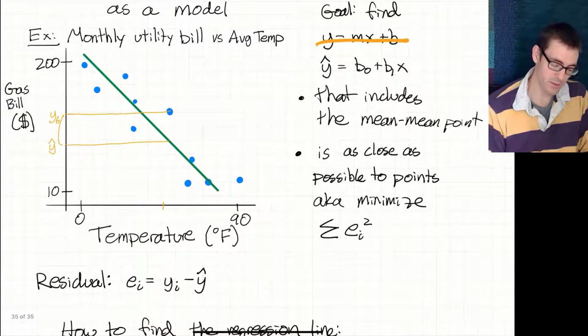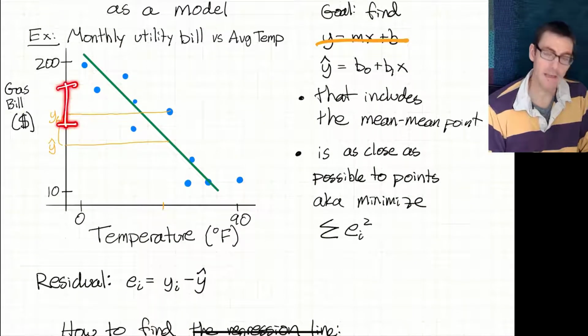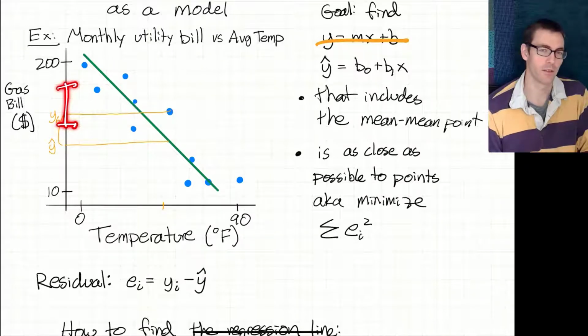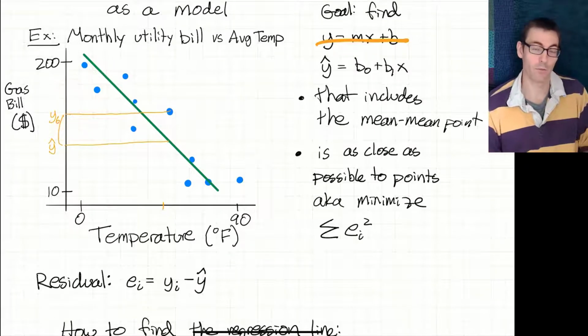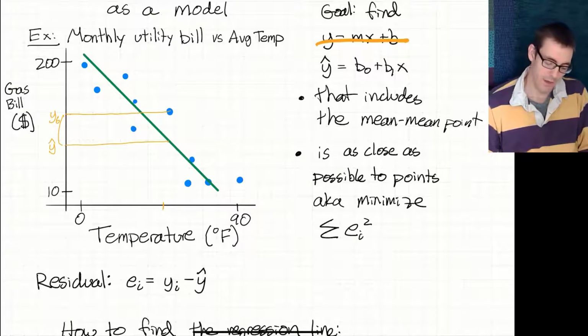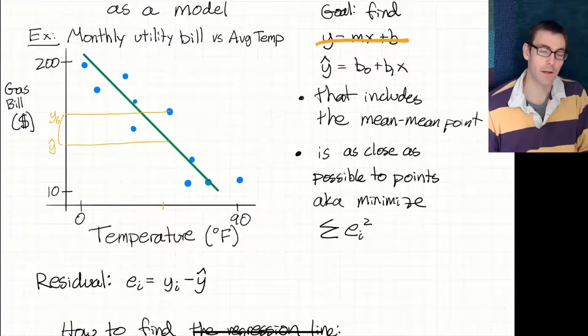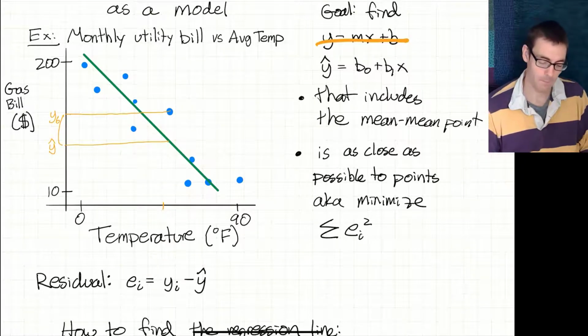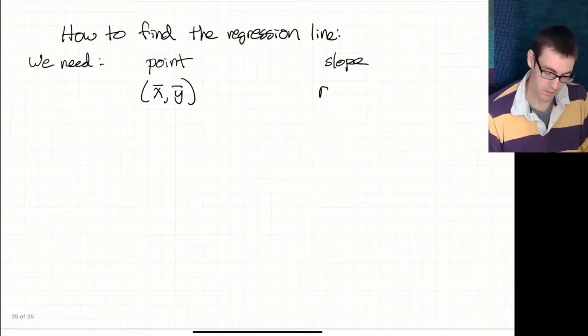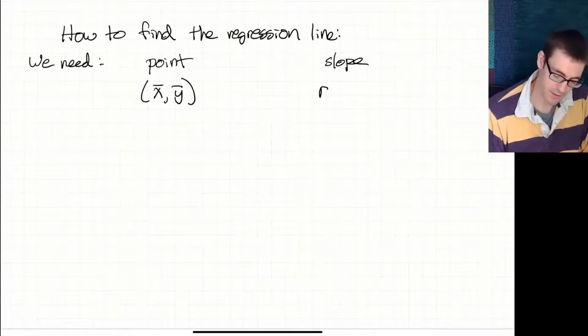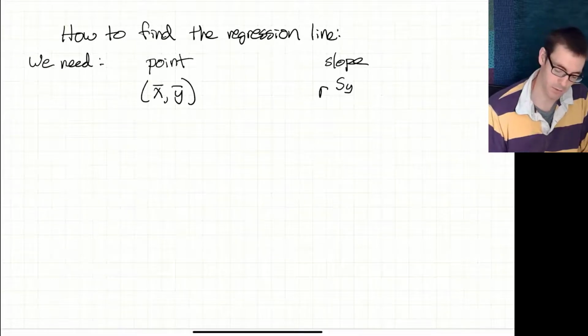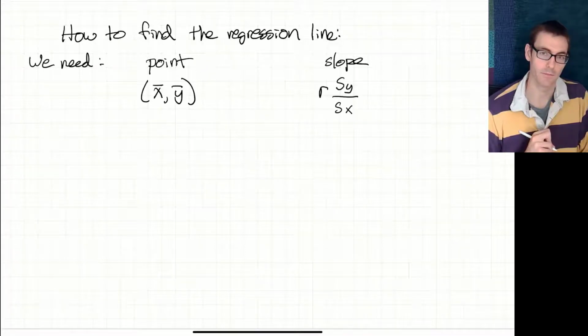So we're going to use the standard deviation for the y variable as a measure for rise, and the standard deviation for the x variable as a measure for run. So the slope that we're after is going to be the standard deviation of the response variable over the standard deviation of the explanatory variable.